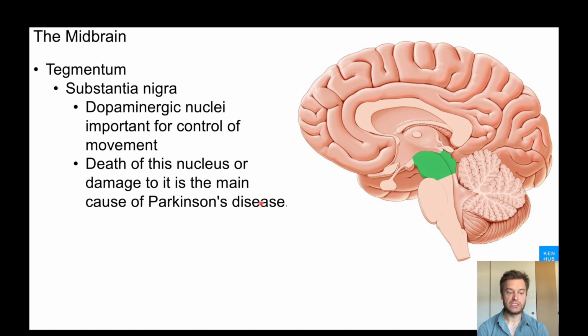So you need to know that the substantia nigra is important for control over movement, and death of the substantia nigra results in Parkinson's disease in general, but also Parkinsonian symptoms.